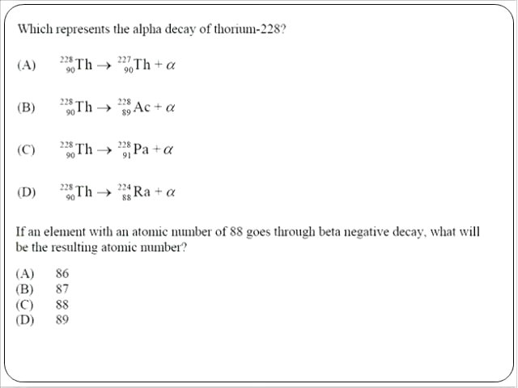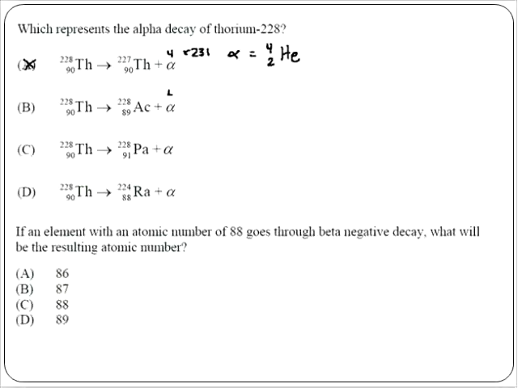Let's try this one. Alpha decay again. Now this time there are no numbers, but you've got to remember that the alpha is a 4-2 helium. So what you're looking for is numbers that balance. In other words, if I put a 4 here on top, what's 227 plus 4? That would equal 231. That's not the number on the other side, so I know that's not the right answer.